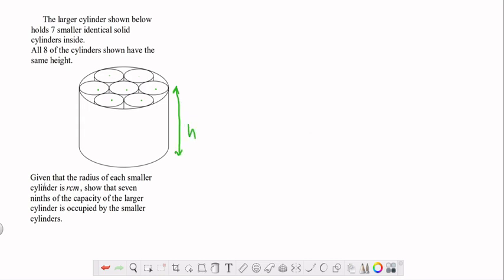Next paragraph. Given that the radius of each smaller cylinder is r centimeters, so let's say from the center to there, that's r, all right? Each of those smaller cylinders has a radius, from the center to the edge.